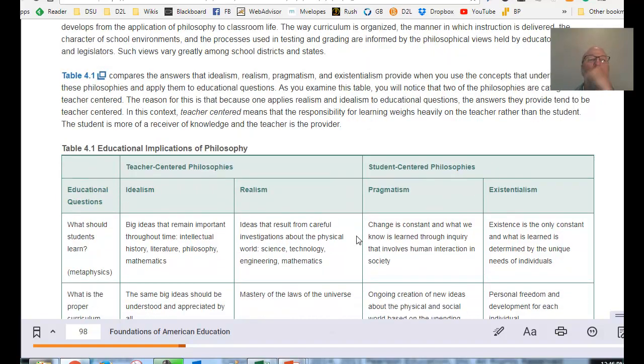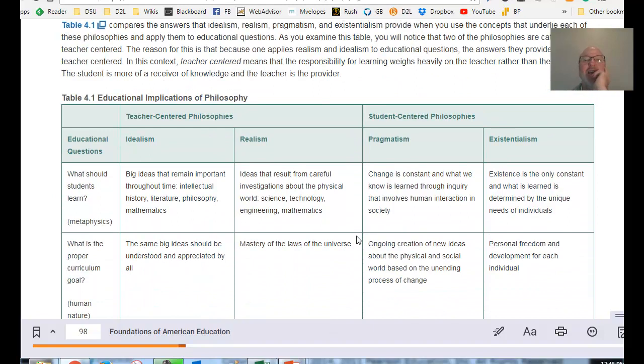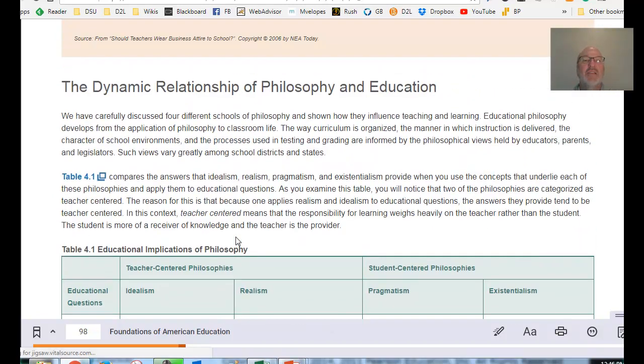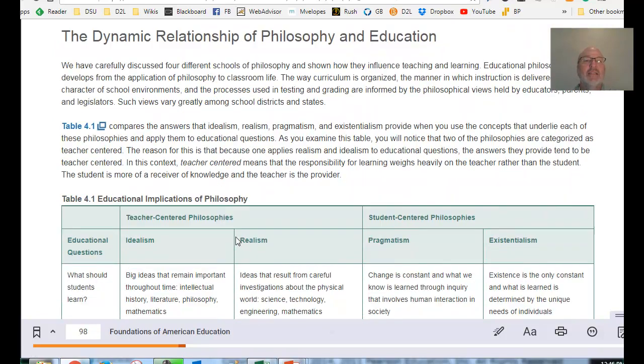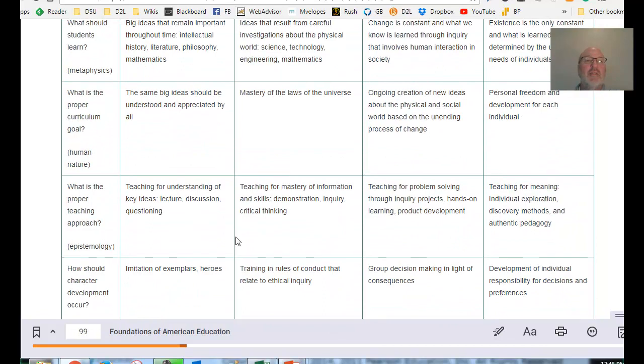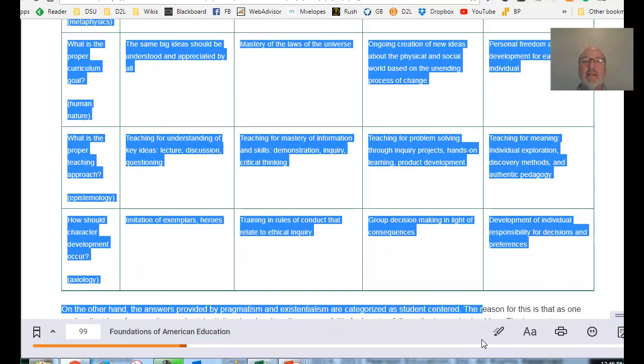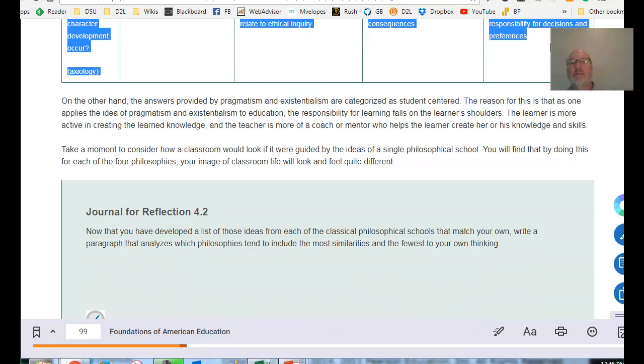I'm going to try something here. They made a nice table for you here, and I'm going to ask you to add on to this. So I'm going to see if this can work. I'm going to try and grab this table out of here. Okay.